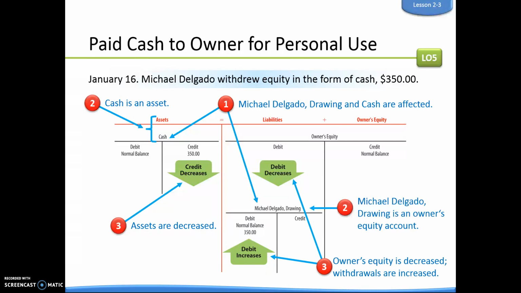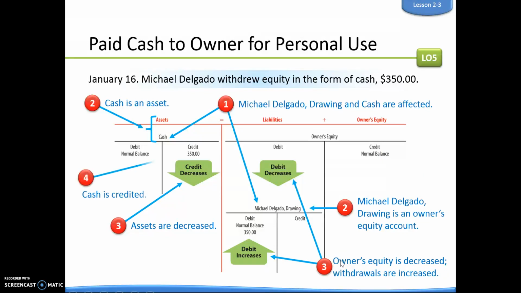On the flip side of that, the Michael Delgado drawing account is actually increasing because that's where we keep track of the amount of money that he's taken out of the business. So that account is going up. But you have to think about that as technically the owner's capital account is being decreased, but the drawing account is being increased, as it says down here.